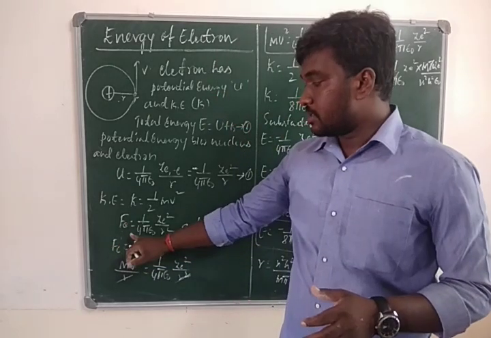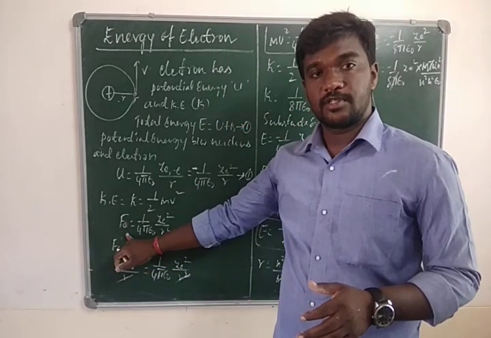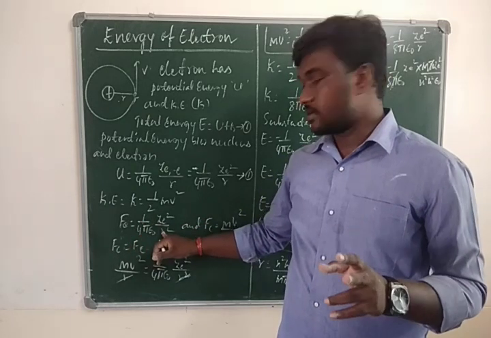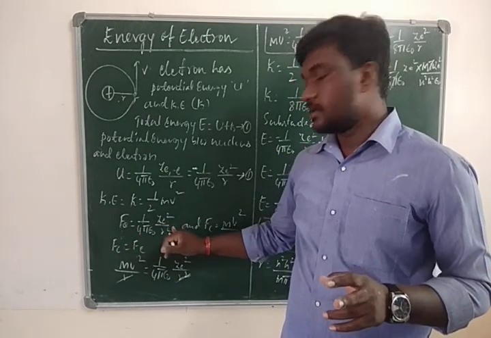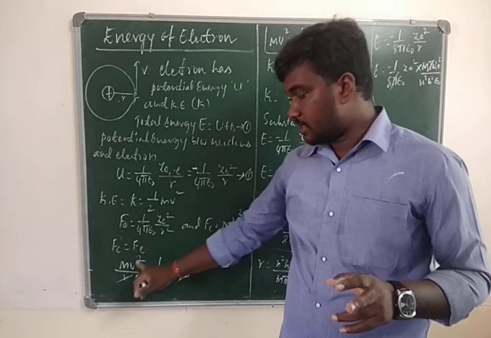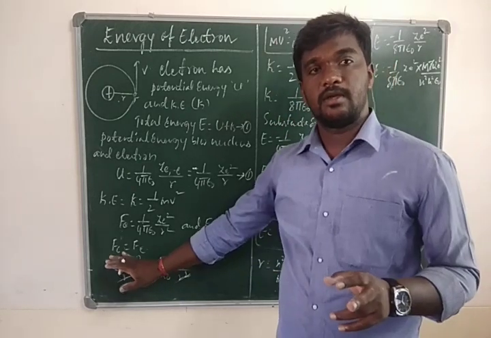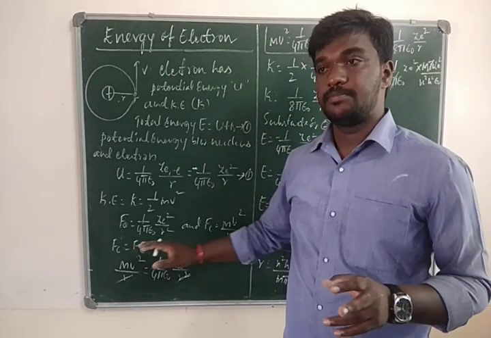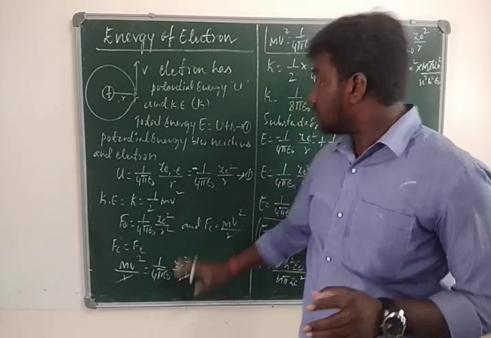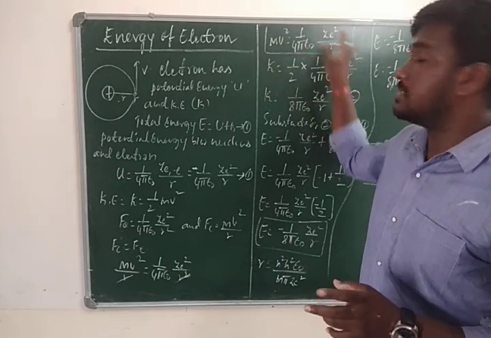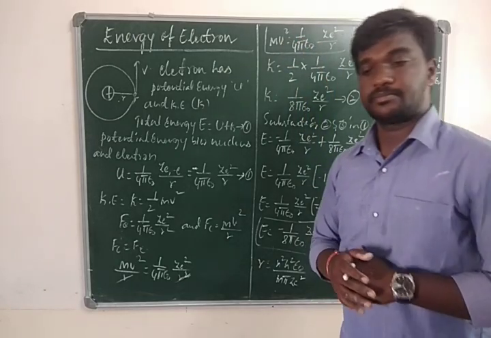So already I told you, the electrostatic force of attraction between the nucleus and electron is 1 by 4 pi epsilon naught Ze square by R square. Centripetal force is nothing but mv square by R. We equate the electrostatic force of attraction and centripetal force. We got the equation mv square equals 1 by 4 pi epsilon naught Ze square by R.